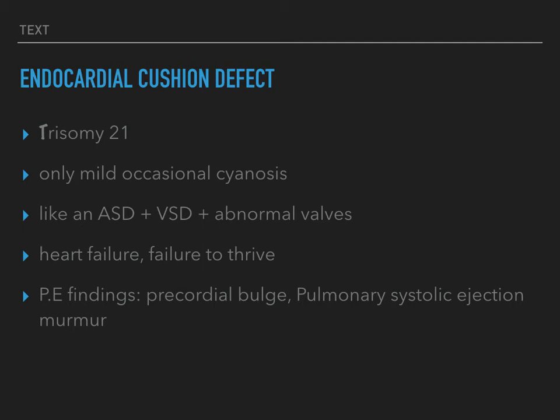It would present with heart failure and failure to thrive. And that's why, for many people with Down syndrome, the thing that afflicts them and causes a lot of morbidity is the heart failure. Physical examination findings are pretty classical: the precordial bulge, the pulmonary systolic ejection murmur.